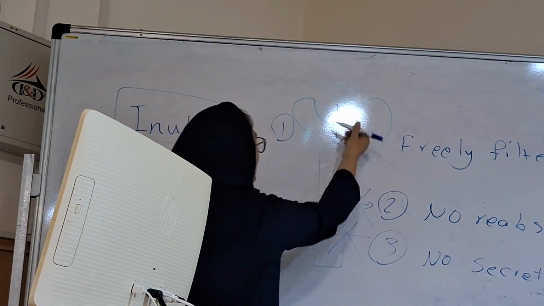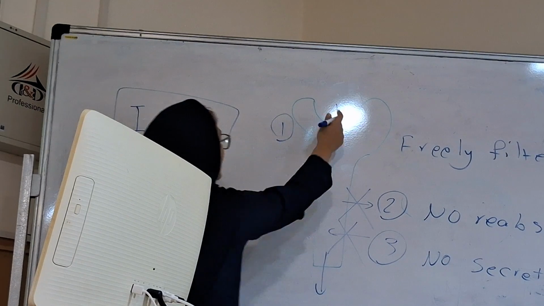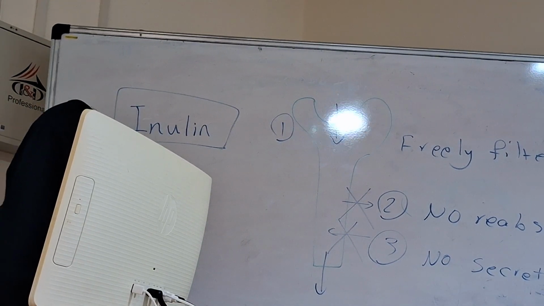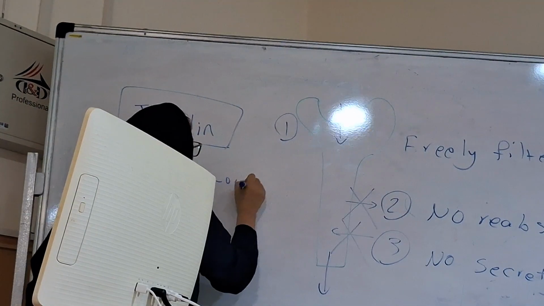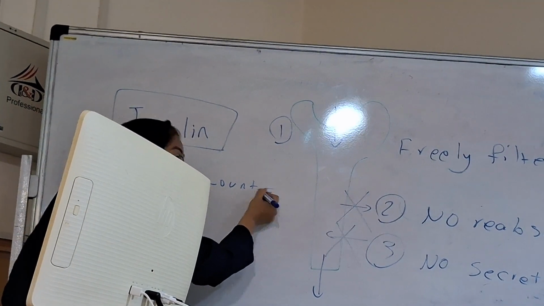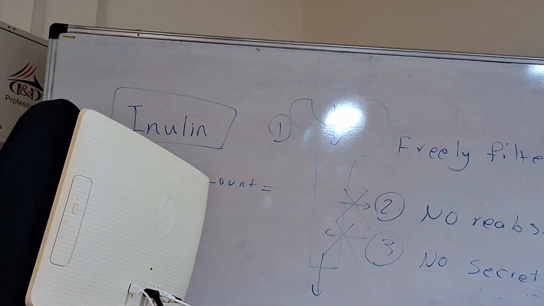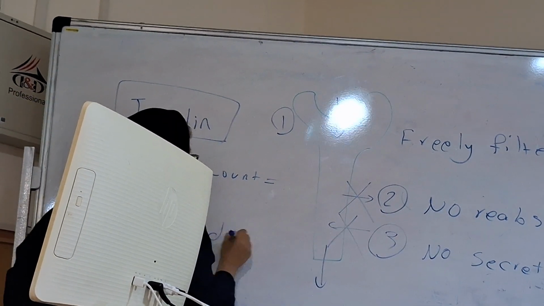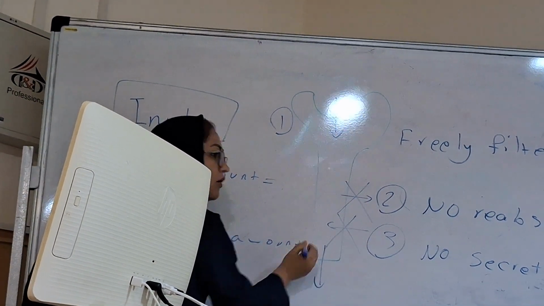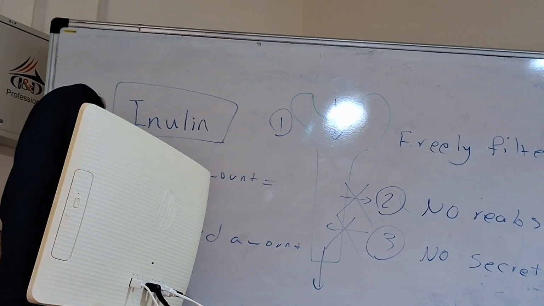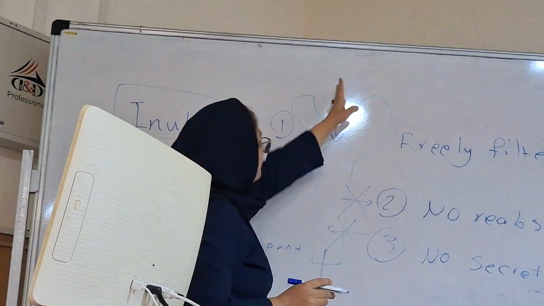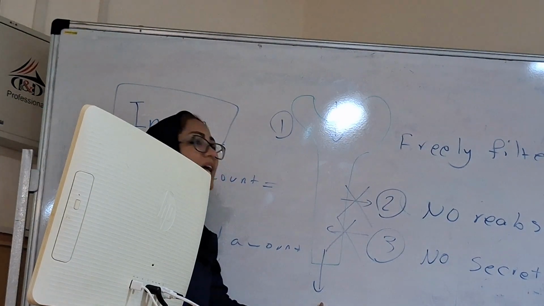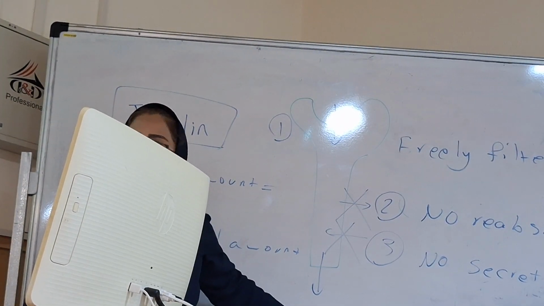Okay. And what's the formula? Here we say the filtered amount is equal to the excreted amount. Am I right? Amount filtered is equal to amount excreted.